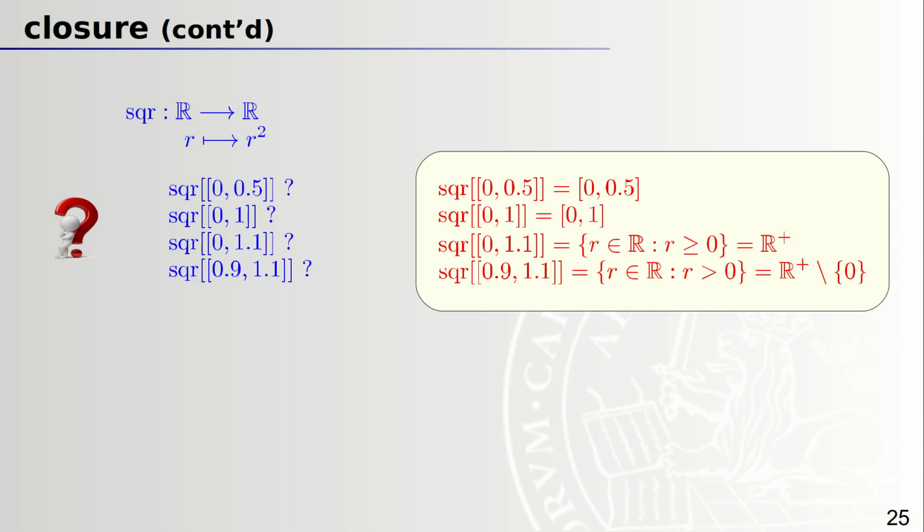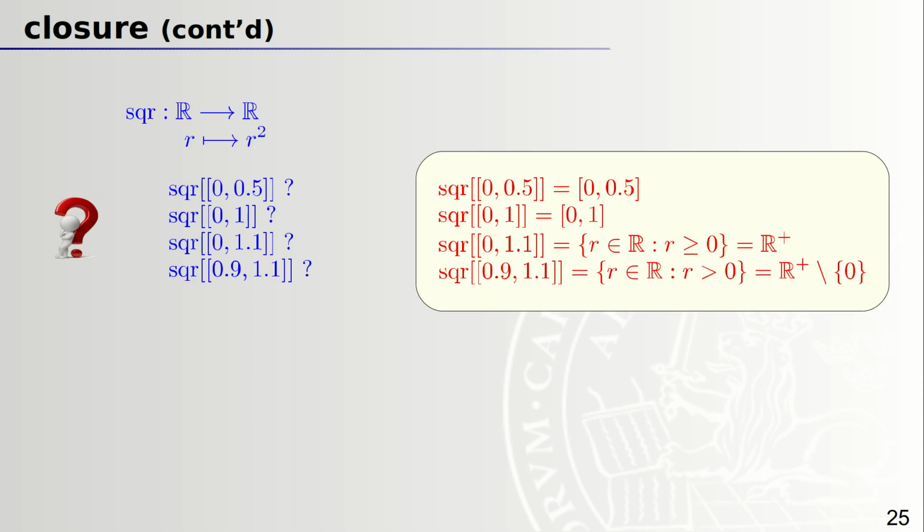In the case of the interval from 0 to 1.1, each subsequent y will become bigger than the original intervals, so the upper bound will grow forever, while the lower bound remains at 0. And thus the closure is just the non-negative real numbers, R plus.